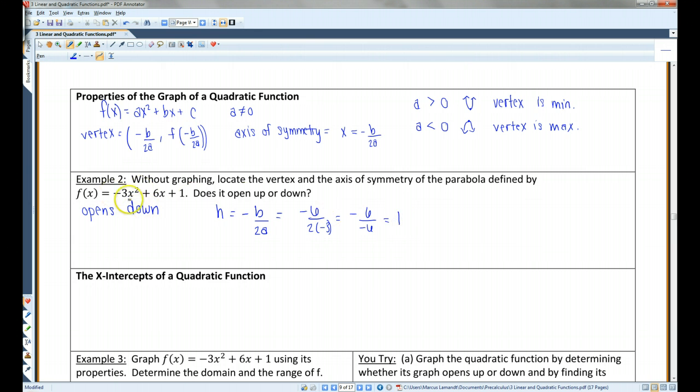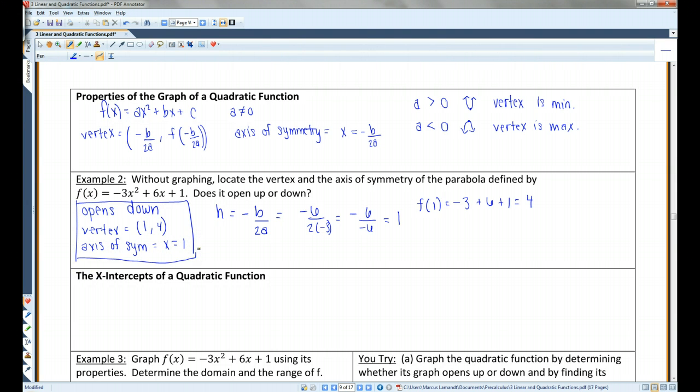And then when we plug in 1 into this equation, we've got negative 3 plus 6 plus 1, which gives us 4. So the vertex is 1, 4. Axis of symmetry x equals 1.